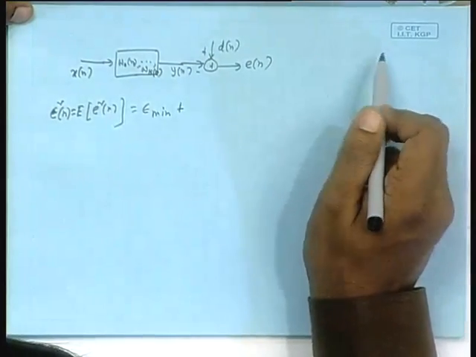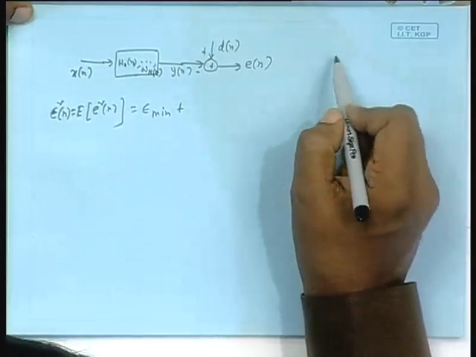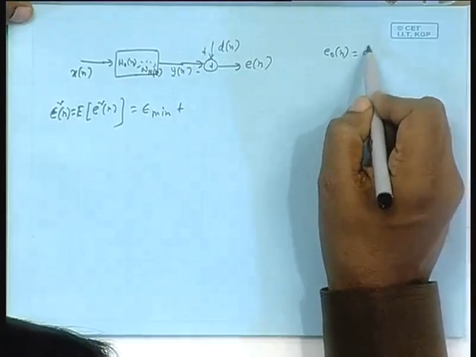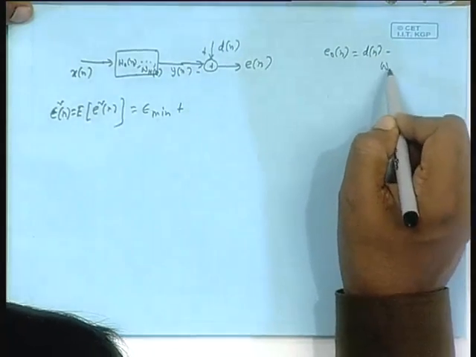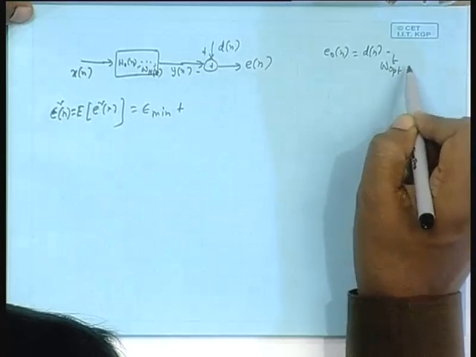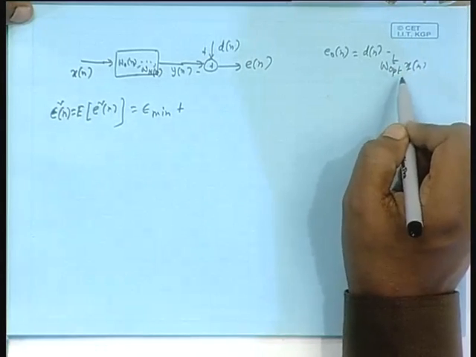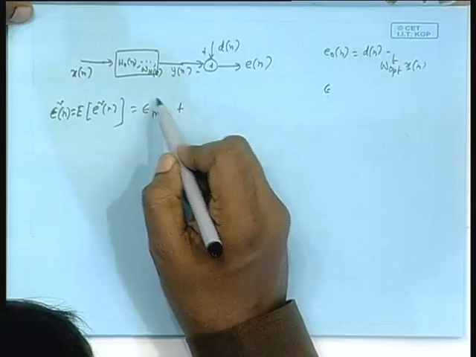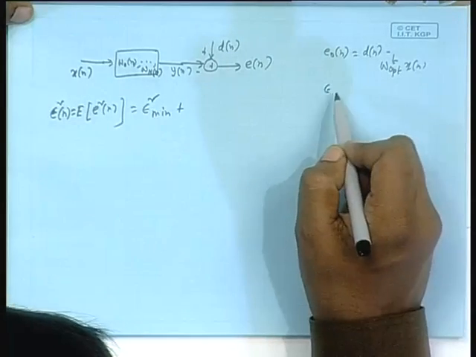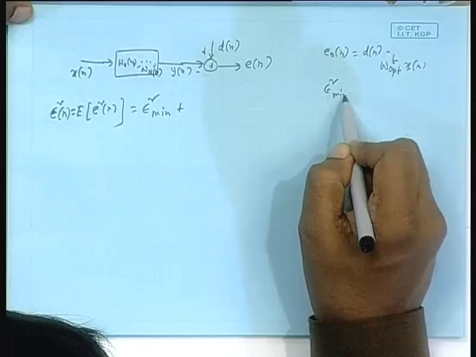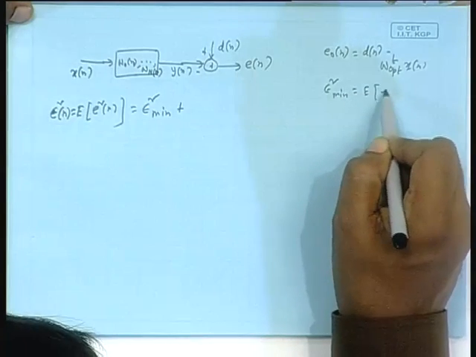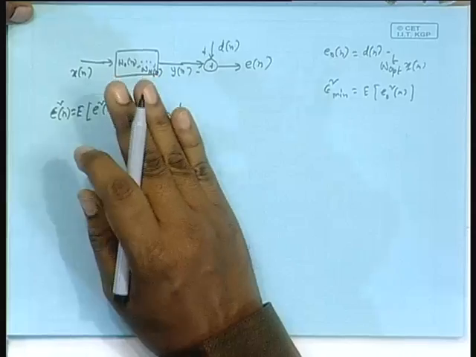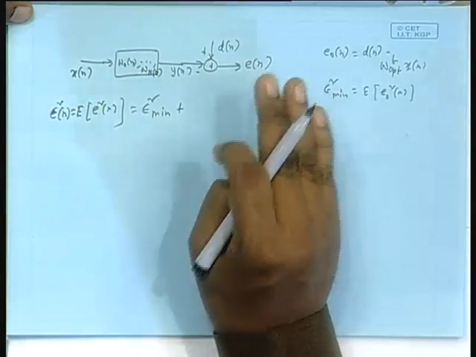The minimum is when you consider e_o n as d n minus the optimal filter transpose x n vector, that is, when you use the optimal filter, then the error is e_o n. I will write epsilon square min, in conformity with the notation, it is this.